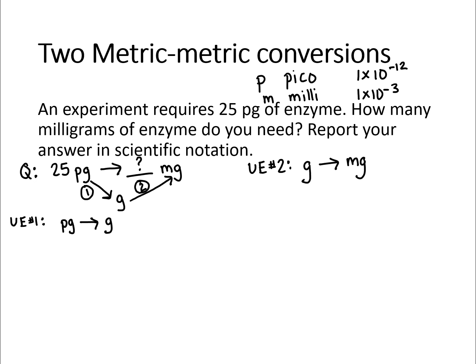So we'll move our way through the problem and get to the answer, and then you'll see whether you got it. The first thing we have to do is relate picograms to grams. Picograms are smaller than grams. That means that we're going from a small unit to a big unit.